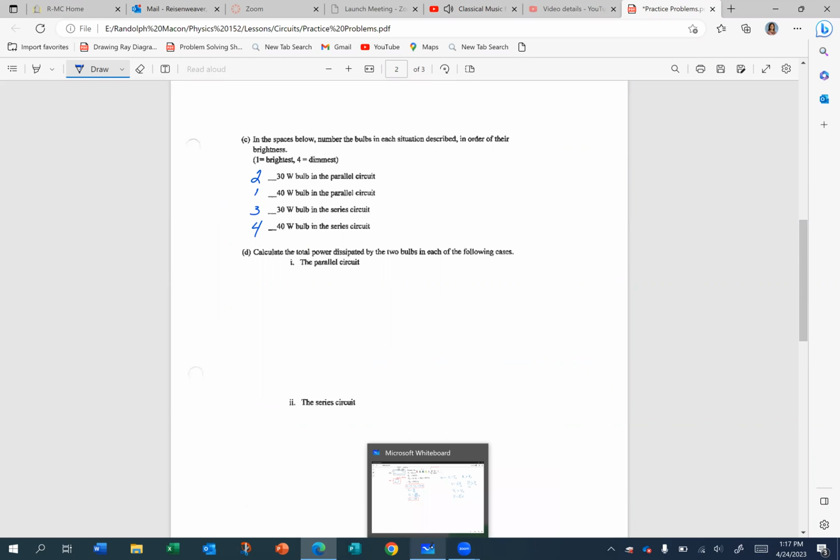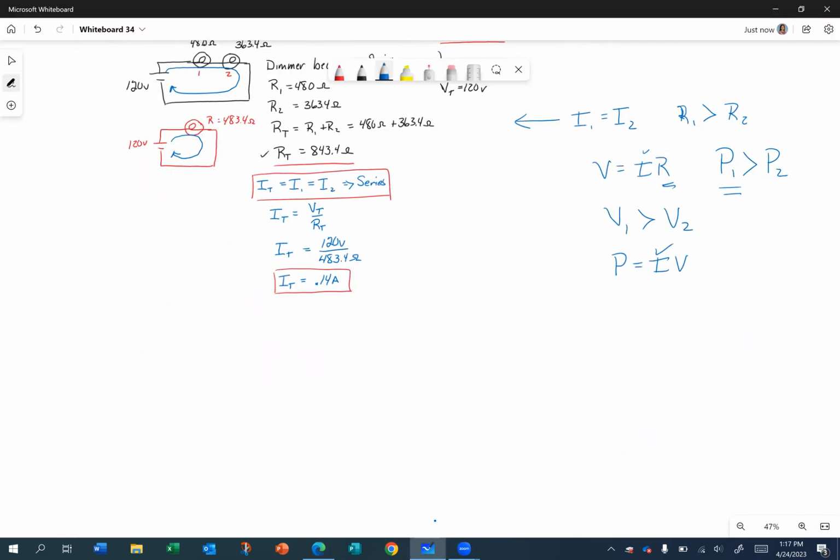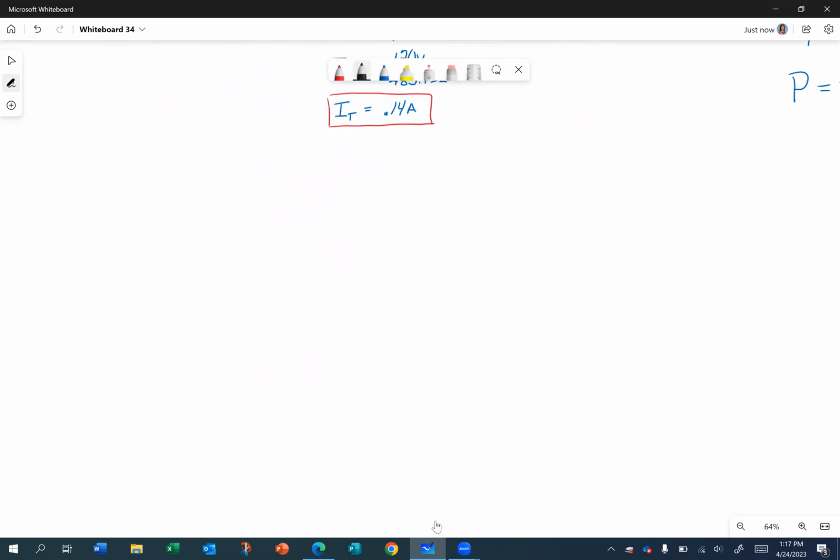So if we go back to here, again, on the power equation, you can use the same formula to say that power total equals current total times voltage total. So in the parallel part, we need to find I total.